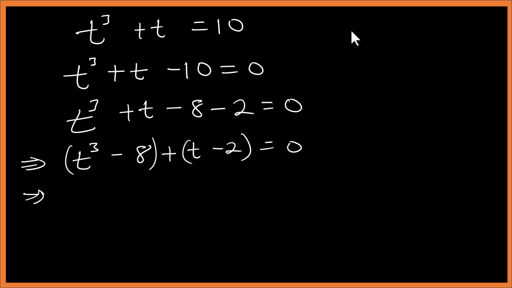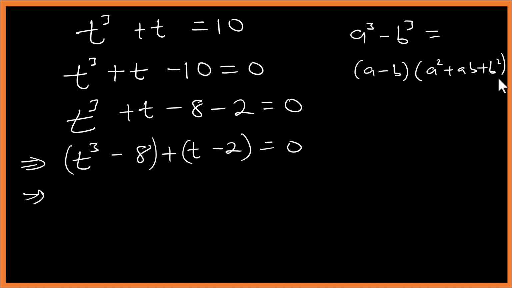Now when we're given a cube minus b cube, it is the same as a minus b times a squared plus ab plus b squared. So I can change this 8 to 2 to the power 3 so that it follows this rule.